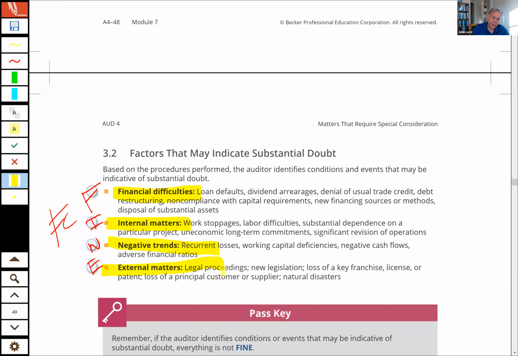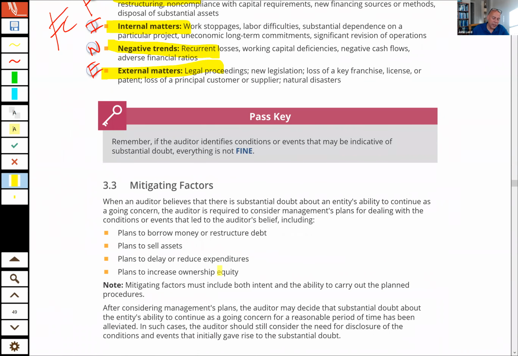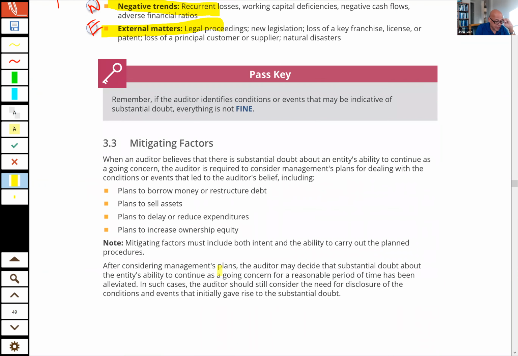But the reality is that as soon as you look at the mitigating factors, and that's what I'm leading to here, even though you may see these signs, the auditor may be able to look to see if there are mitigating factors that will alleviate the going concern issue.